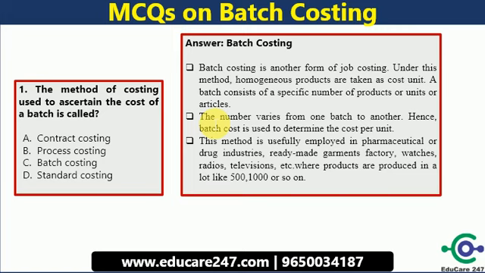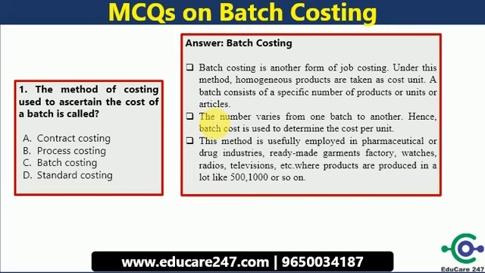So what a batch is: similar products come under it and are produced in the factory. So these become homogeneous products, so that the company is able to know the particular cost of a particular batch, so that the overall revenue can be calculated in advance.